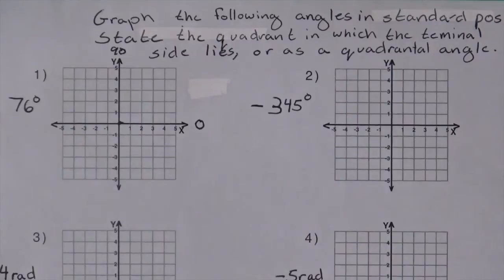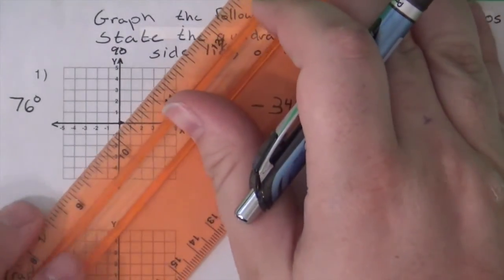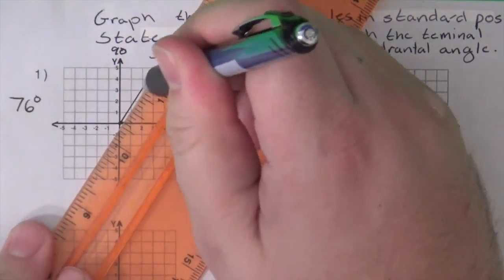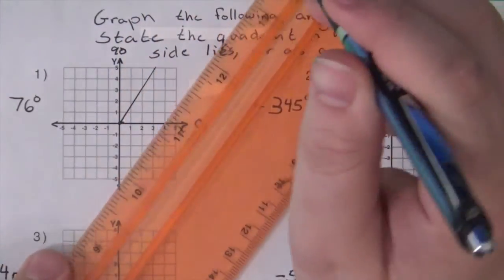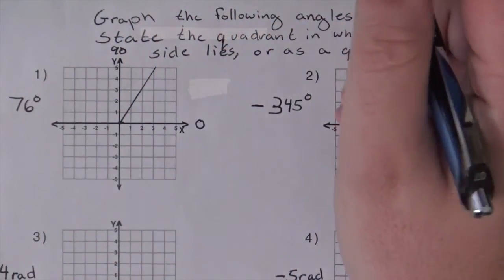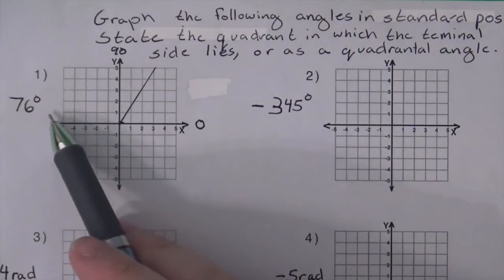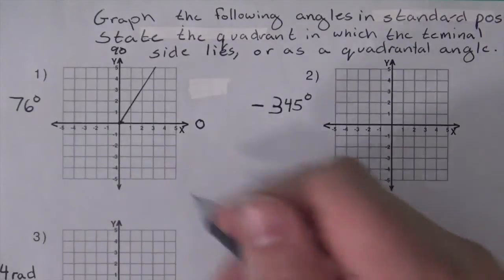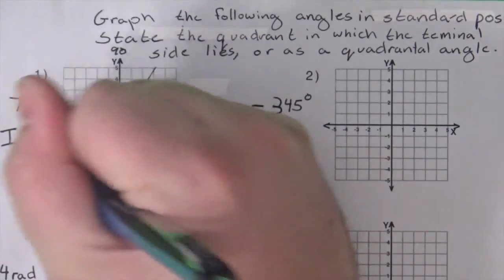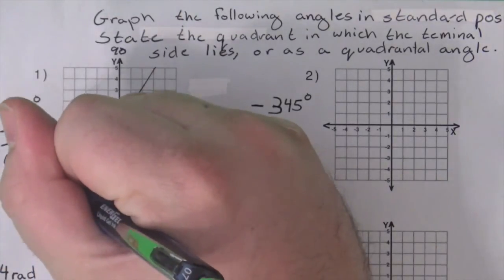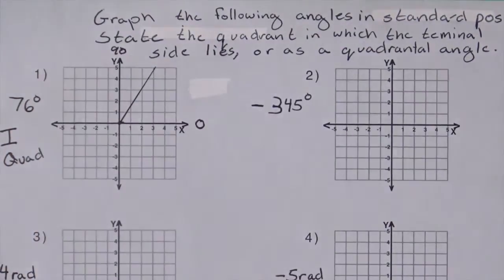So I'm just going to kind of take a guess. I'm going to say that my angle might look something like this. Right now, for all intents and purposes, this doesn't have to be exact. So what did we find out? We know that 76 falls in the first quadrant. And I'm just going to put quad. So it's in the first quadrant.